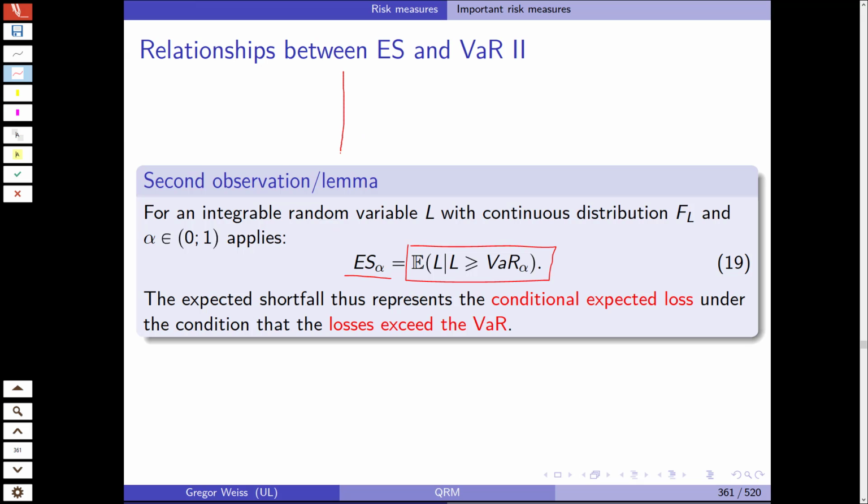If this is your profit and loss distribution, and this is your value at risk, then the expected shortfall is simply the conditional mean of the losses that are in the tail beyond the value at risk. So it's the conditional expected loss under the condition that you're only looking at the worst losses that are even worse than the value at risk.